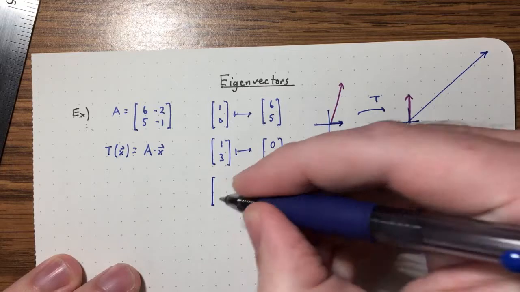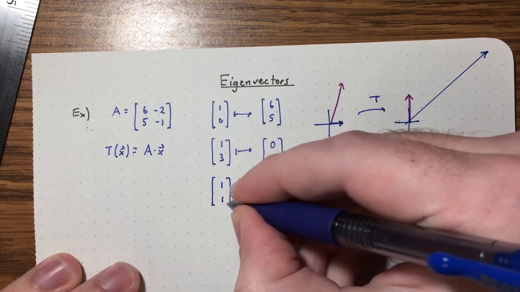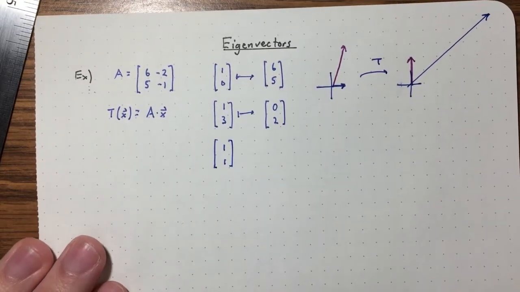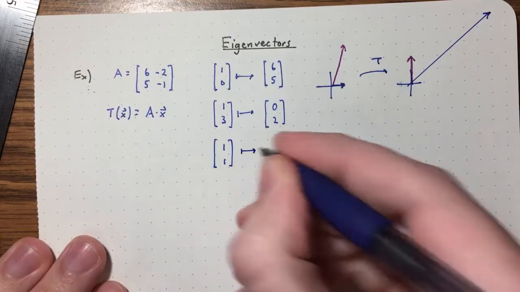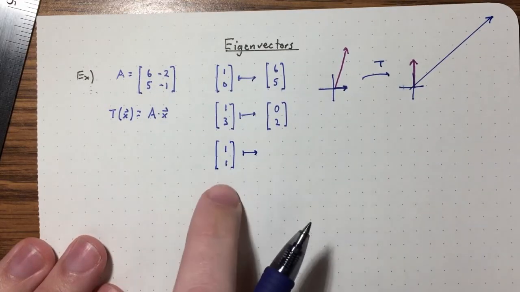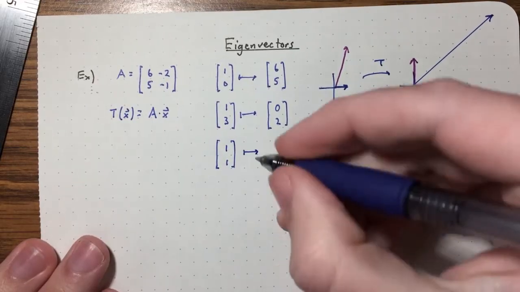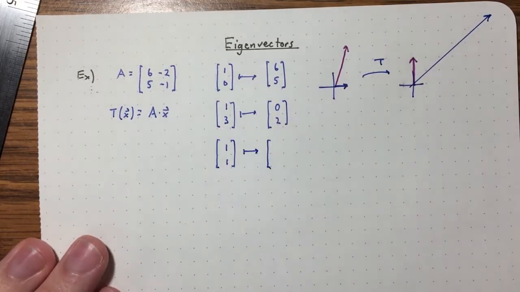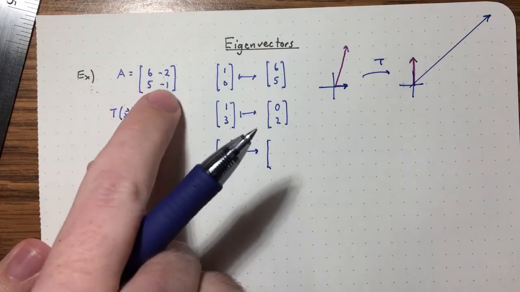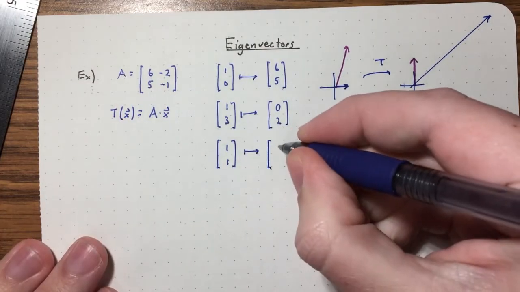Now I'm going to give you a special vector, 1, 1. Wow, what's so special about that? Well, nothing really, but there's something special about this vector connected to this linear transformation. Where does it get sent? Again, I have 1 in the first column plus 1 in the second column, so I get 4, 4.